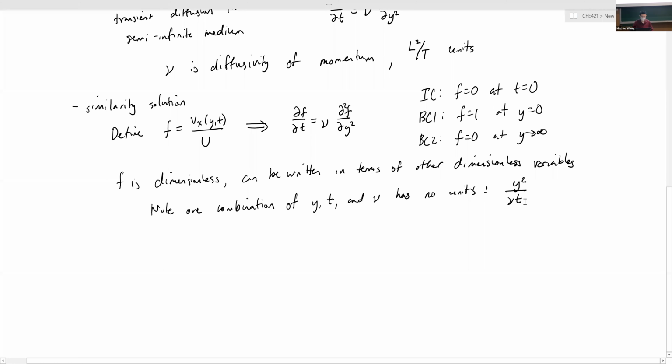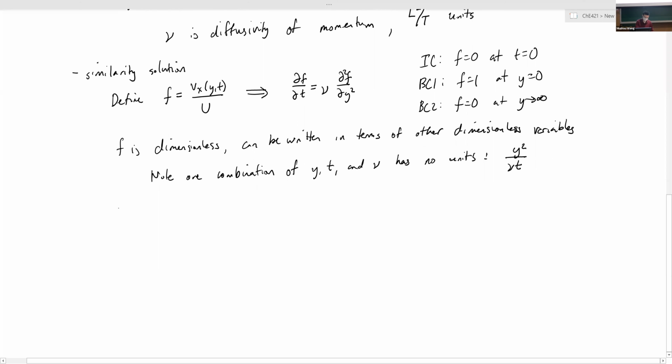And so perhaps the right thing to do is to try and express our f as a function of this combination of variables. This is going to be called a similarity variable. Actually, the mathematically easier thing to do is we'll let xi, that's how I write xi, it's just a large amount of squigglies, be defined as y over the square root of 4 nu t.